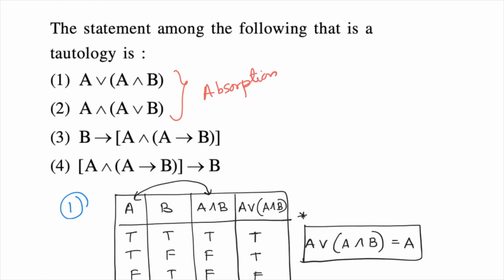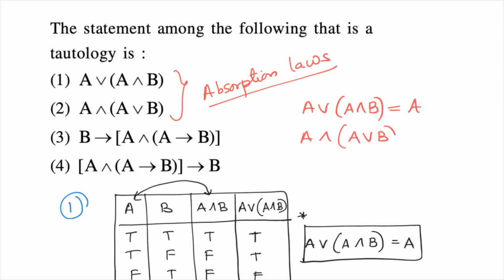Those of you who have studied this as absorption laws will be able to realize that, even if it is from set theory, if you have encountered these results previously, you will be able to eliminate these two options because these two are not tautologies.